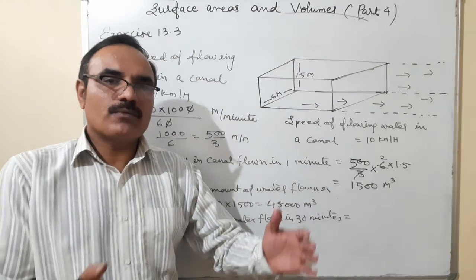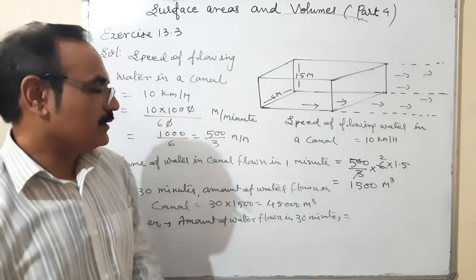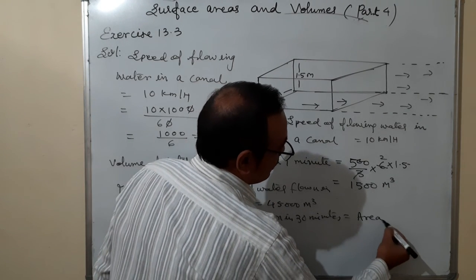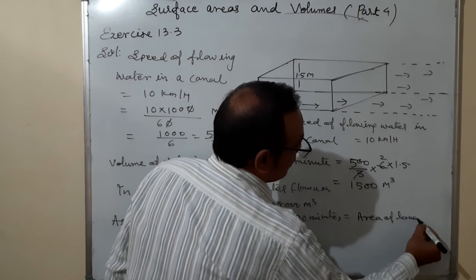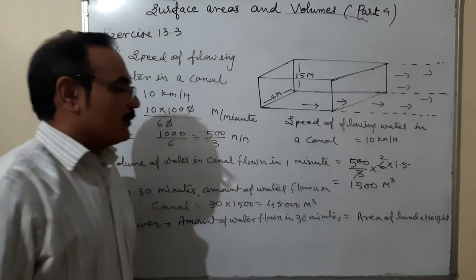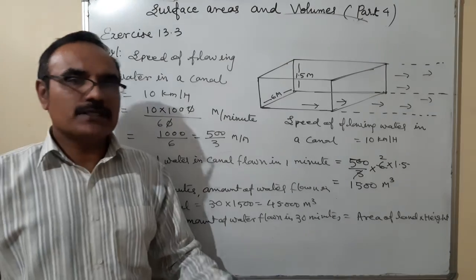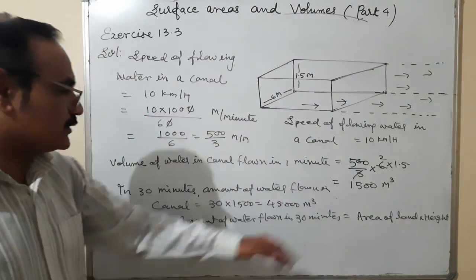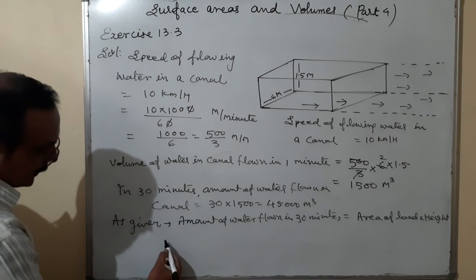That means this amount of water is to be used for irrigation of that area. So may I write here area of land multiplied by height. It's okay, because this complete water is used for irrigation purpose, and that is area of base multiplied by height. Both the terms are the same.